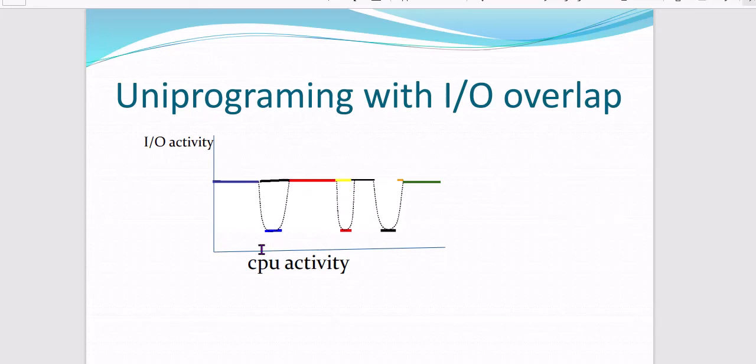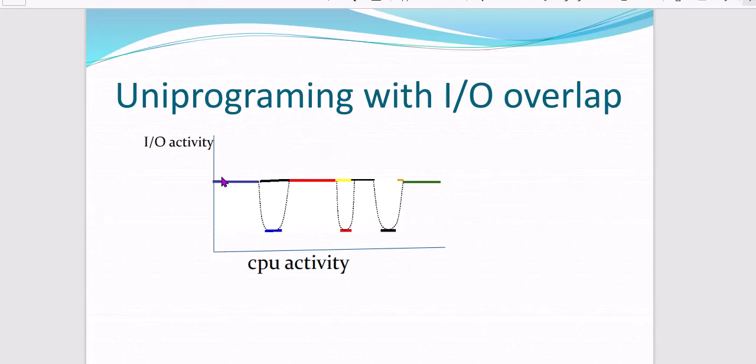And if you think a little bit about it, the time it takes to execute all these programs is going to be less than if I didn't take the blue program off the CPU. When the blue program is occupying the CPU, it's not doing any productive work. I mean, what the program's got to do is to say, well, operating system, can you do some input for me? And I'll wait until you finish doing that. And when you finish that, I can finish.